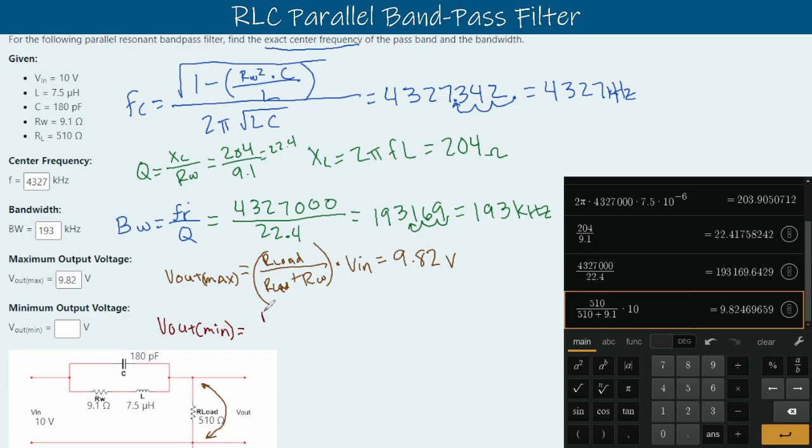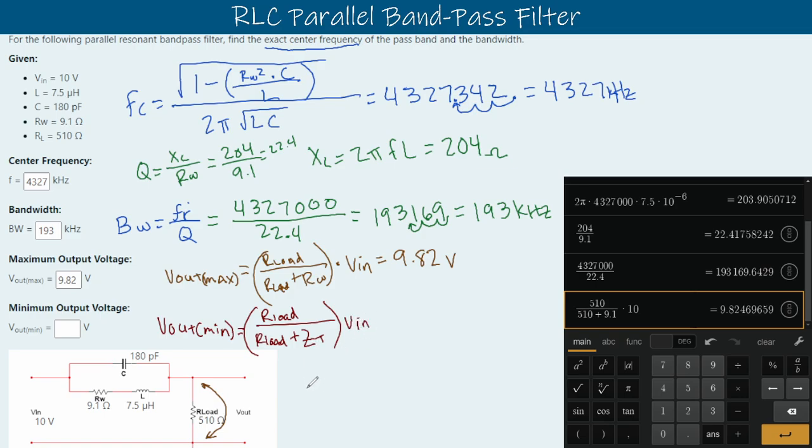So RL divided by our R load added to our Z total, right? Because before we said, well, if it's fully linear, it's just going to be the winding resistance left over. But if it's not fully linear and they're at their maximum quality, that's going to give a different range, right? So now we need to figure out what our ZT is so that we can apply this voltage divider equation.